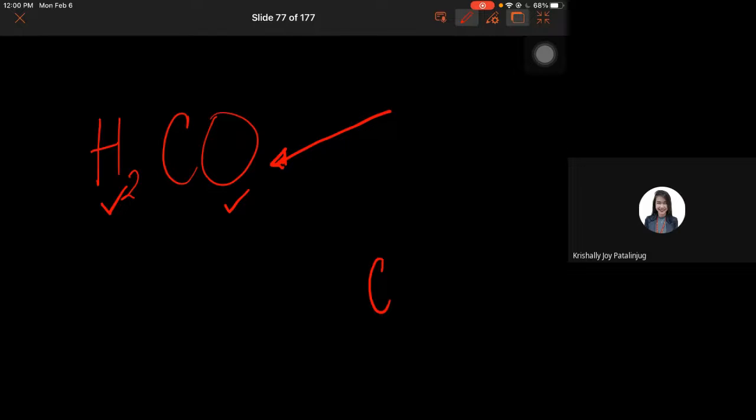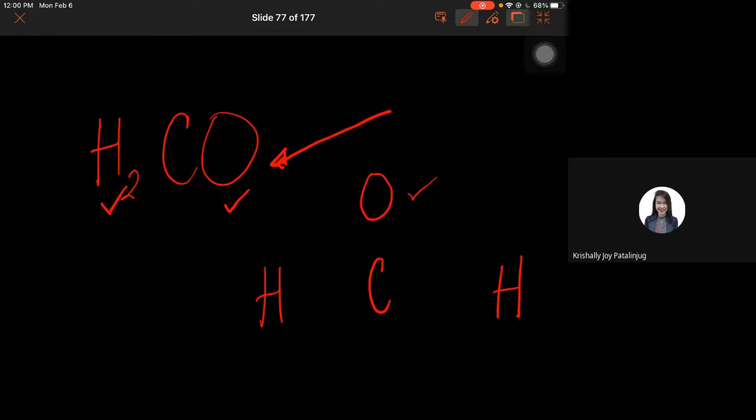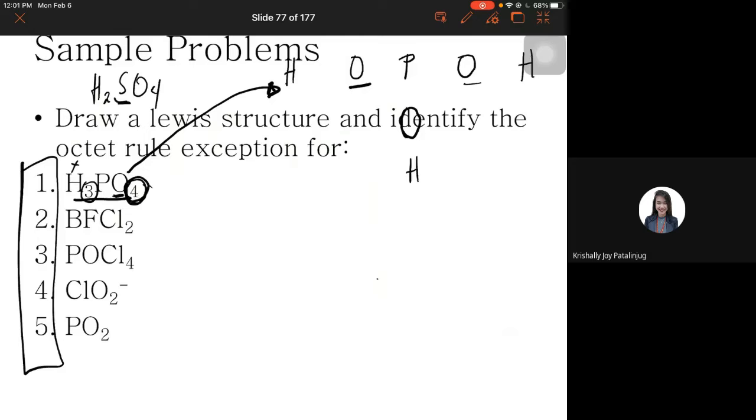Hindi naman apat. Isa lang po yung oxygen dito. So you will conclude na si hydrogen is directly attached to the central atom, kasi isa lang naman yung highly electronegative atom being a surrounding atom. Okay? Pero kapag naging apat na yan or more, na kasama ni hydrogen na pagpipilian mo bilang surrounding, that's the time na you decide hydrogen cannot be directly attached to the central atom. Okay, I hope that is clear.